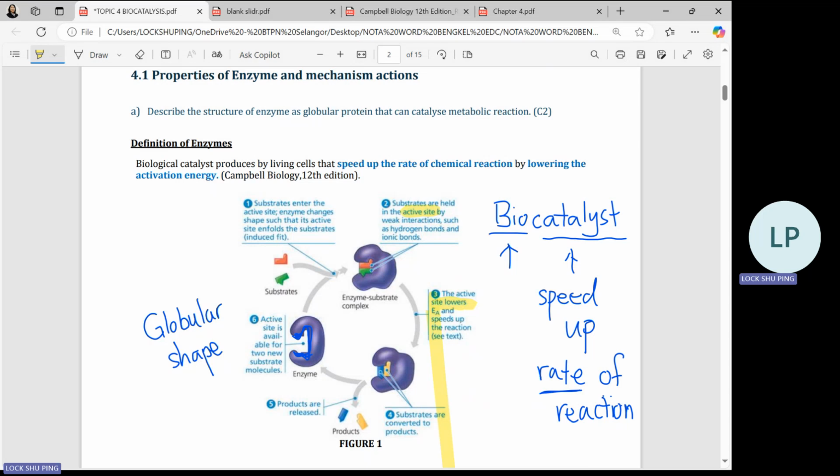How to lower it, we're going to discuss in our second video later on. At the end of the catalytic reaction, they will always end up with the releasing of the products from the active site. So that's it for the basic definition of enzyme.